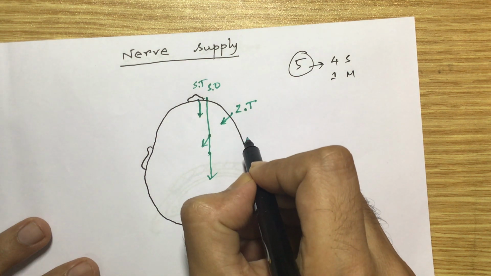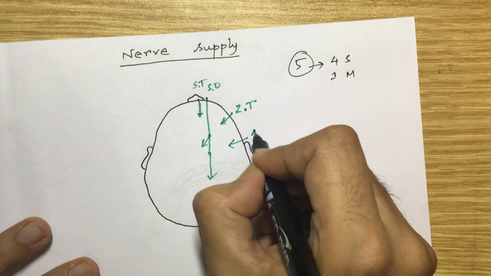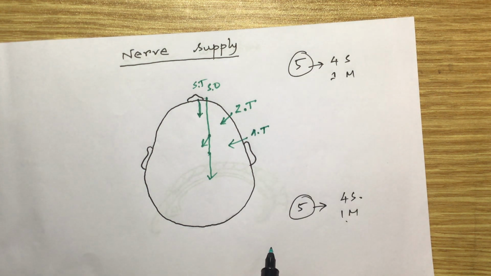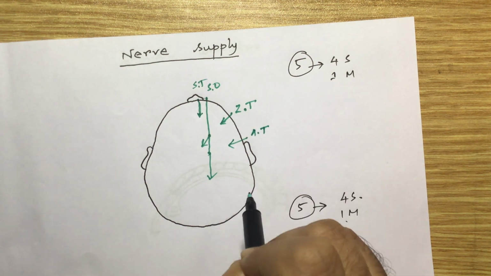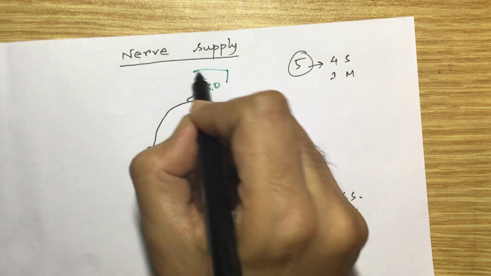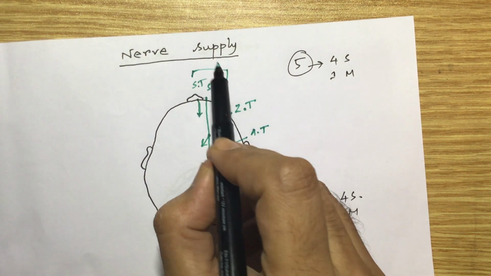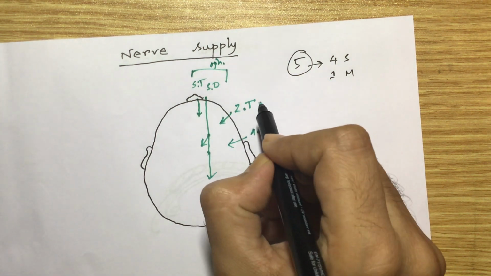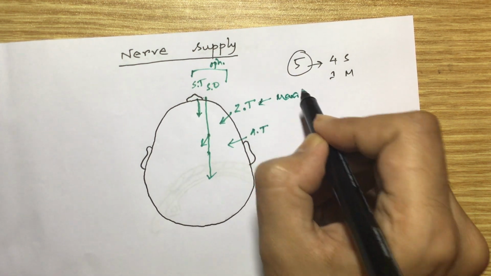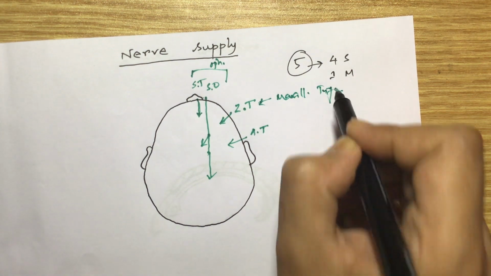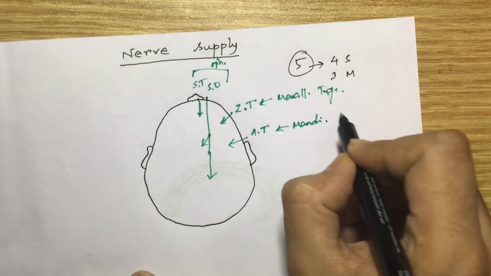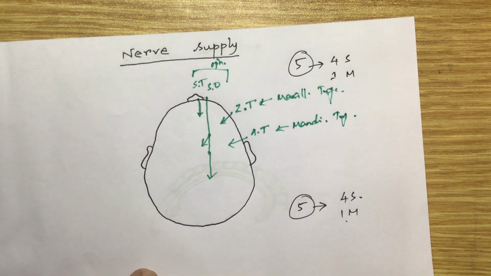Another sensory nerve is this one, the auriculotemporal. It is a branch of the mandibular division of the trigeminal nerve. So these two are from the ophthalmic division of the trigeminal, this one from the maxillary division, and this one from the mandibular division.